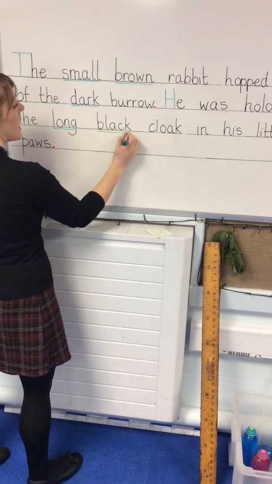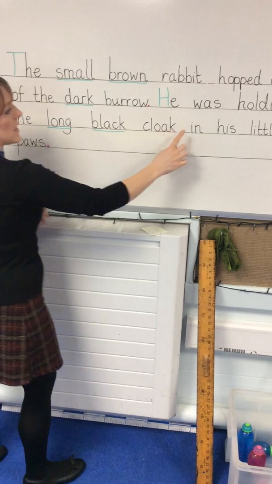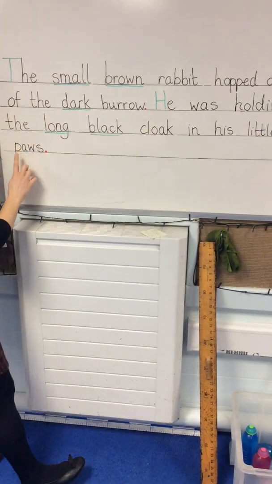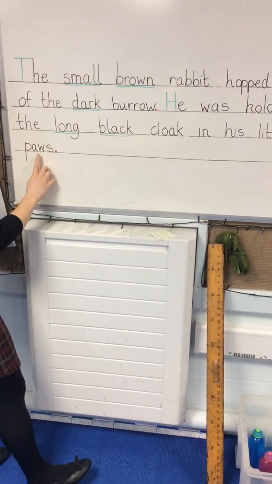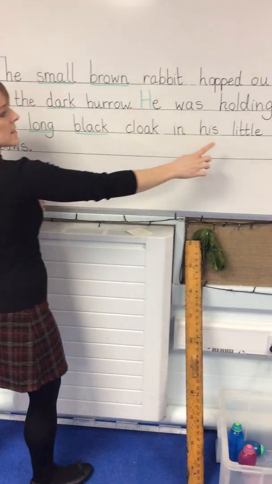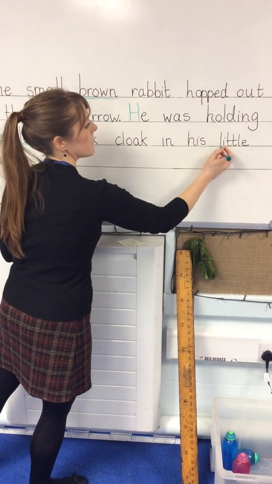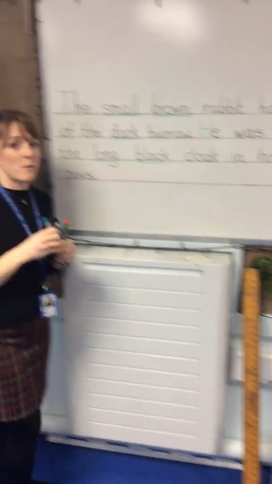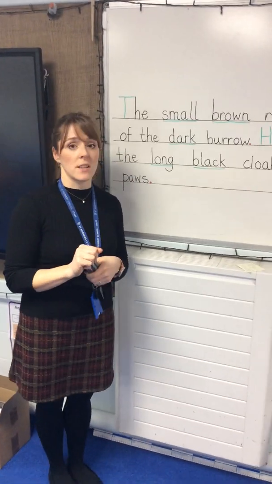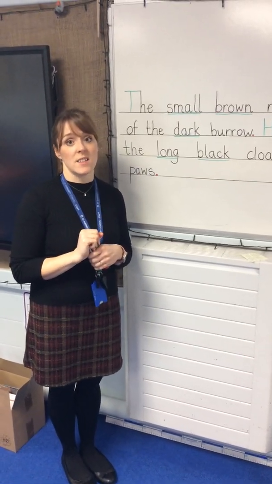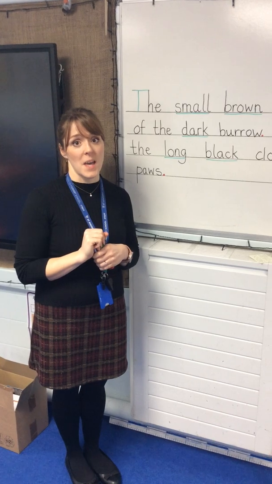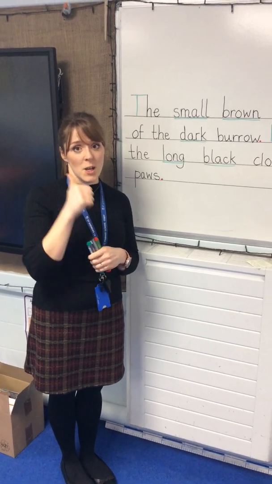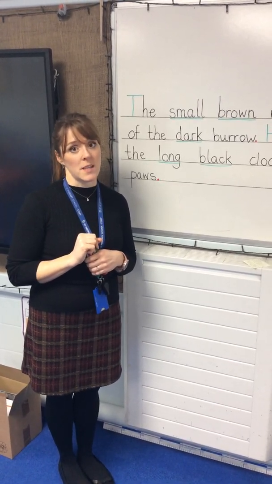Long and black. In his little paws. So he's got paws, and the word that describes those paws is little. Now you don't have to do that part, but that will be a nice challenge to show us that you've got your adjectives in your sentence. Okay, the last bit of writing, go and do a brilliant job, and we can't wait to read it.